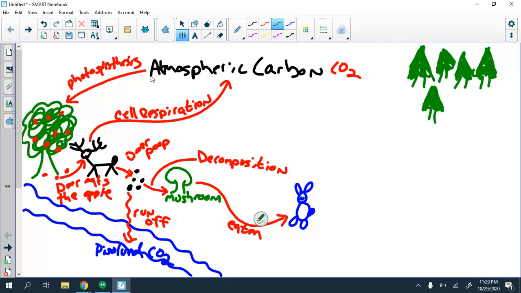All right, so now we have some trees. Again, photosynthesis. Right, so through the process of photosynthesis, some of that carbon ends up inside the trees.